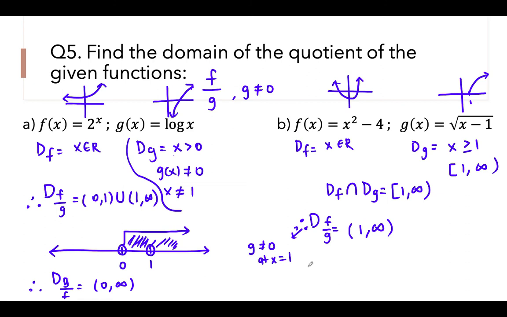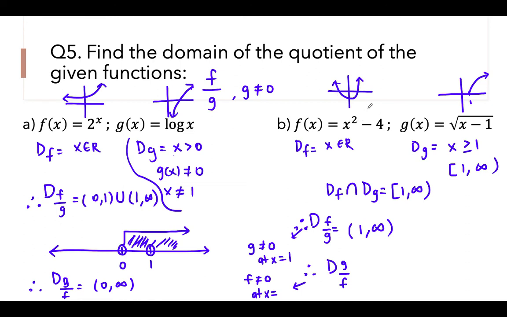Okay. But what if I were to do the domain of g over f? For this case, I don't want f to equal 0. And f is equal to 0 when x is equal to, look at your graph. It looks like my y value is 0 when it's at 2.